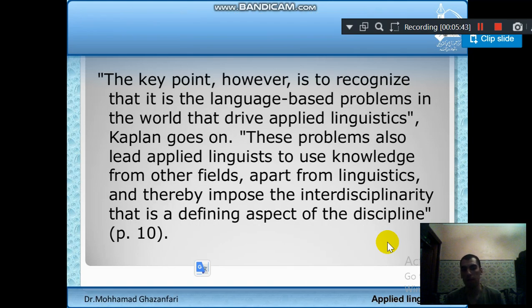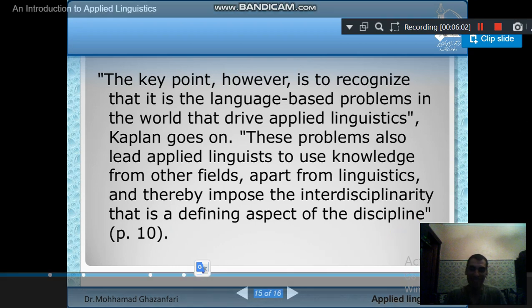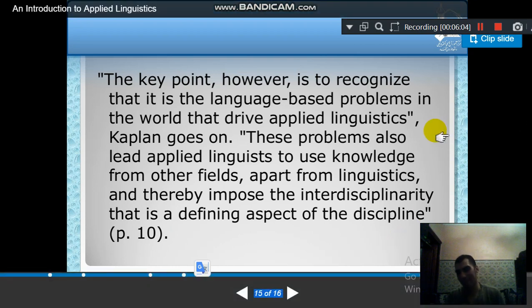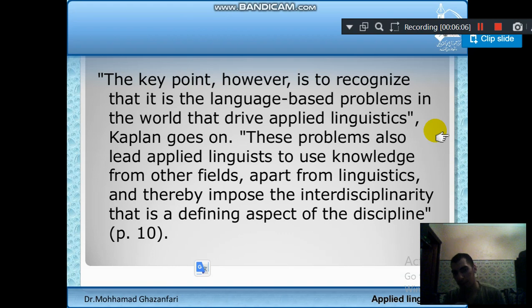So the key point, however, is to recognize that it is language-based problems in the world that drive applied linguistics. Kaplan goes on. These problems also lead applied linguists to use knowledge from other fields apart from linguistics and thereby impose the interdisciplinarity that is a defining aspect of this discipline.